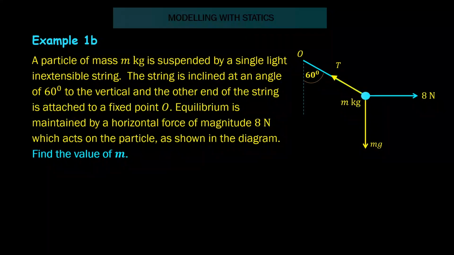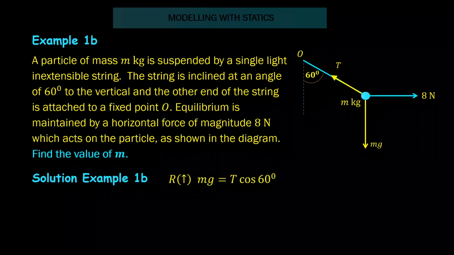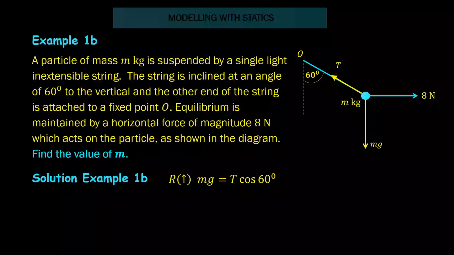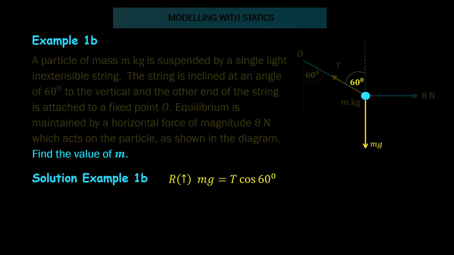And now for part B, we're required to find the value of m. So let's solve this. Resolving vertically, we have mg equals T cos 60. And here's T cos 60 degrees. And of course, that's offset by mg since the system is in equilibrium. So the force in the upward direction equals the force in the downward direction.